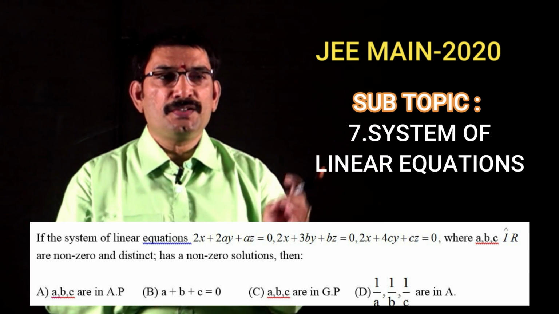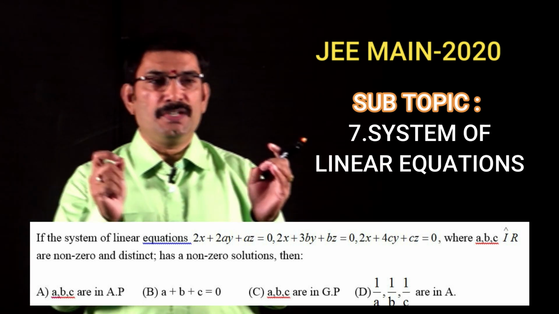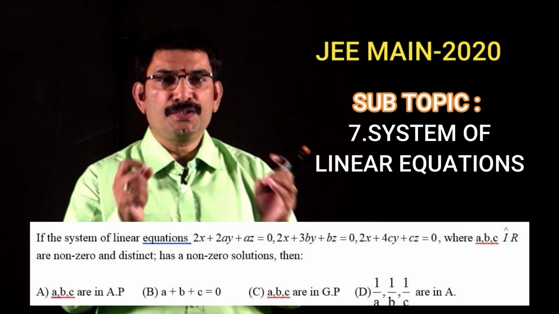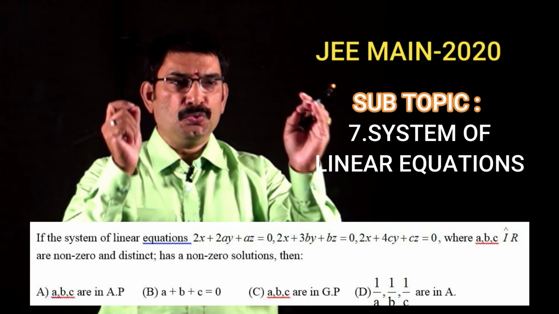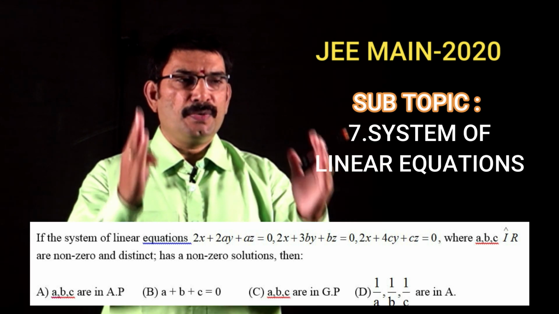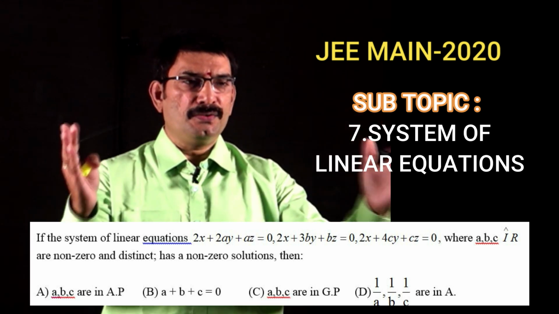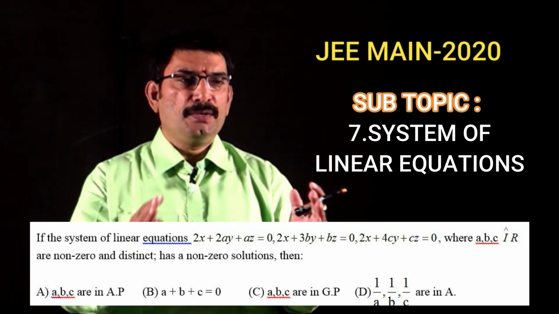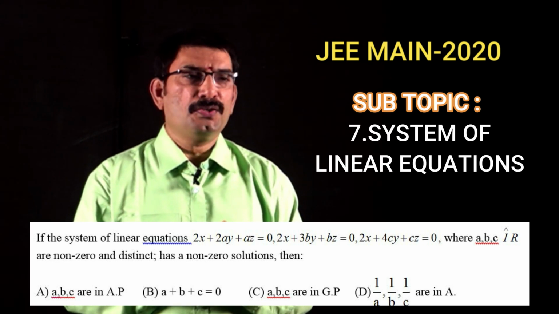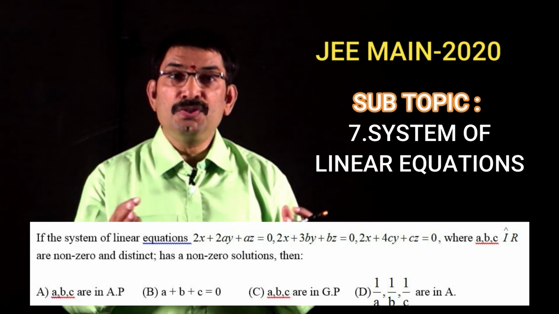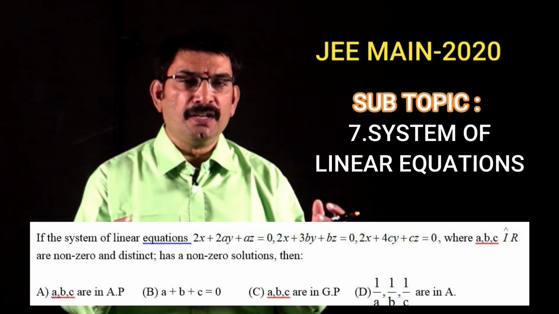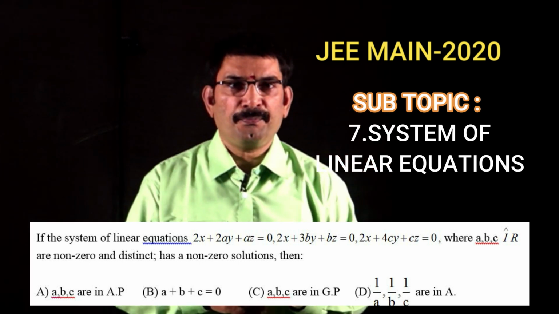One of the questions occurred in mains 20. If the system of linear equations 2x plus 2ay plus az is equal to 0, 2x plus 3by plus bz is equal to 0, 2x plus 4cy plus cz is equal to 0, where a, b, c are real numbers, non-zero and distinct, has a non-zero solution.